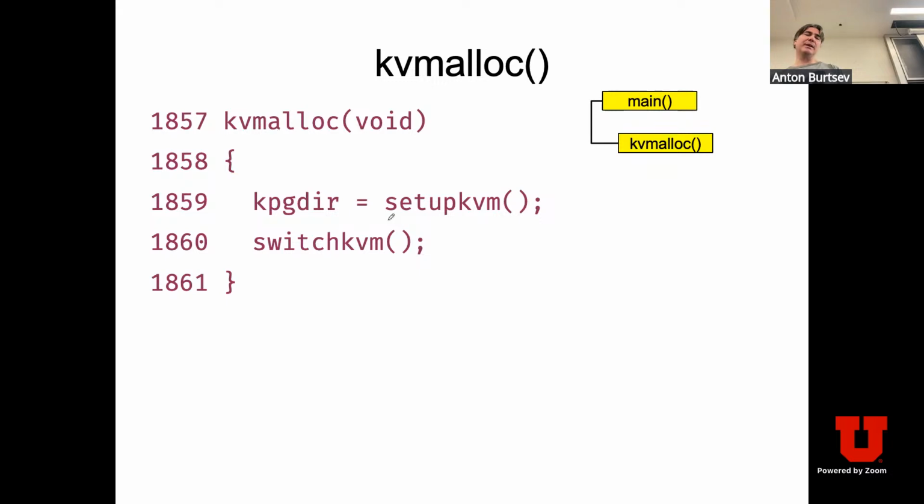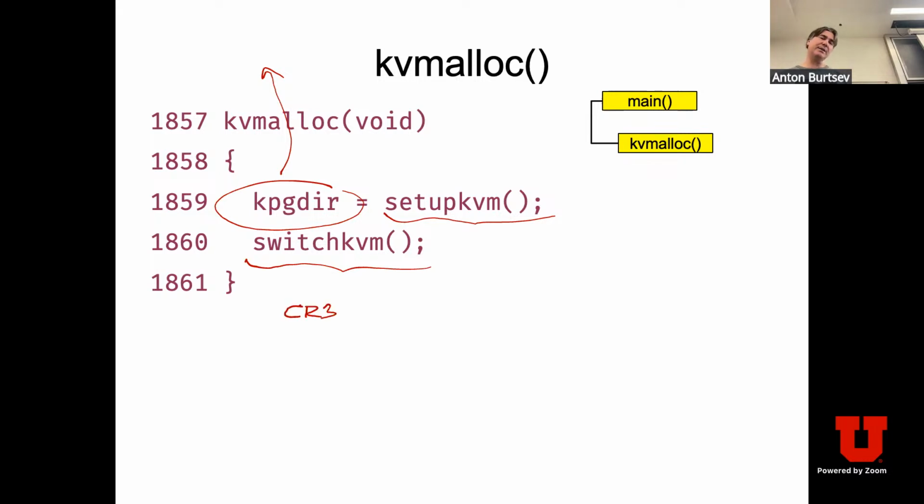The first one creates this page table and returns it as the kernel page table directory, and it's a global variable. I heard some discussions about global variables just a second ago, but yes, this is a global variable. x86 uses them, and the second function will switch into this new page table. It will essentially take CR3 and assign this to the CR3 register, right? Okay, cool. So far so good.